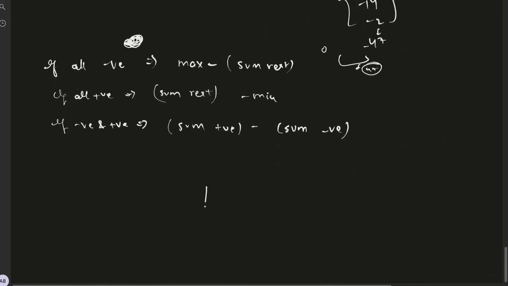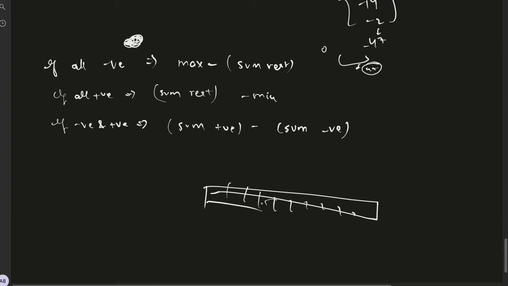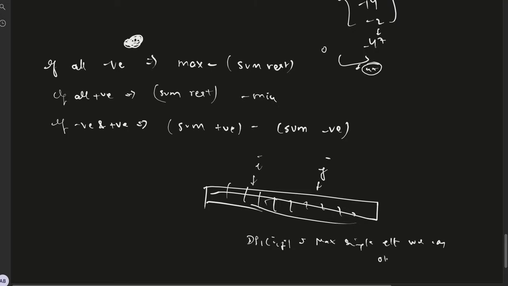The way we can think about a DP is, if this is the array, for every i and for every j, we can maintain two DPs. DP1 of i comma j tells us the maximum single element we can obtain from values between i to j, and DP2 of i comma j is the minimum single element we can obtain.